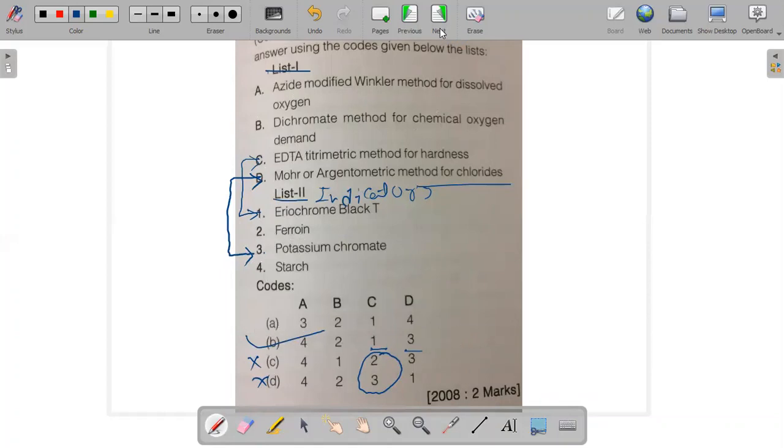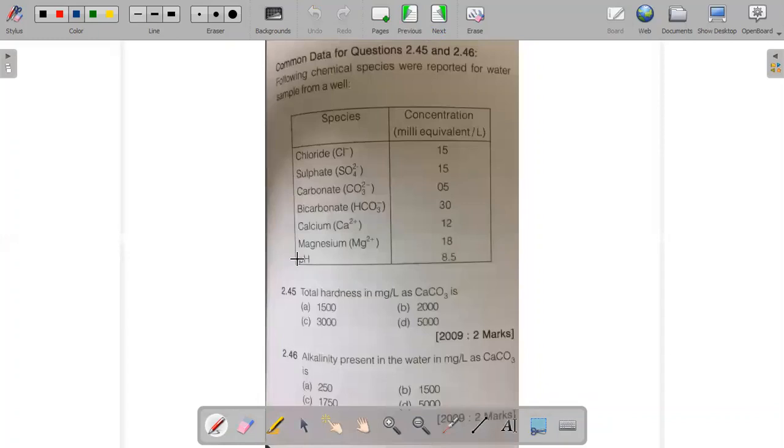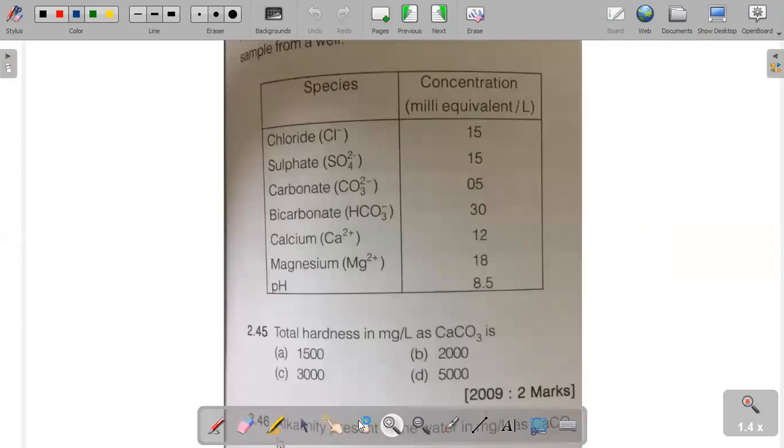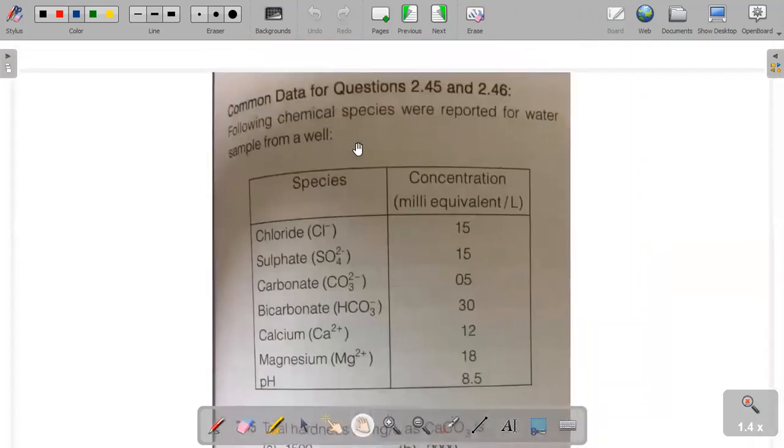Let's move on to our next question, which is a common data question. The following chemical species were reported for a water sample.